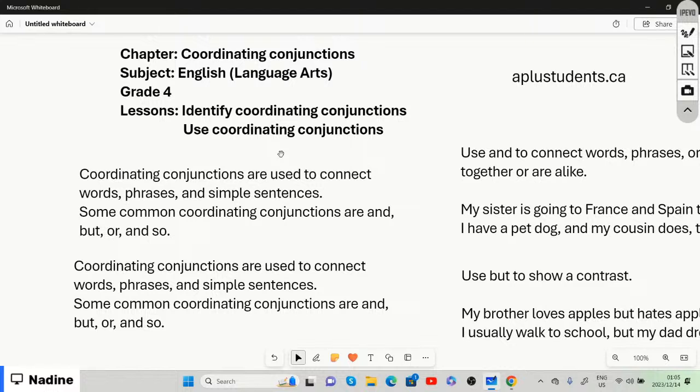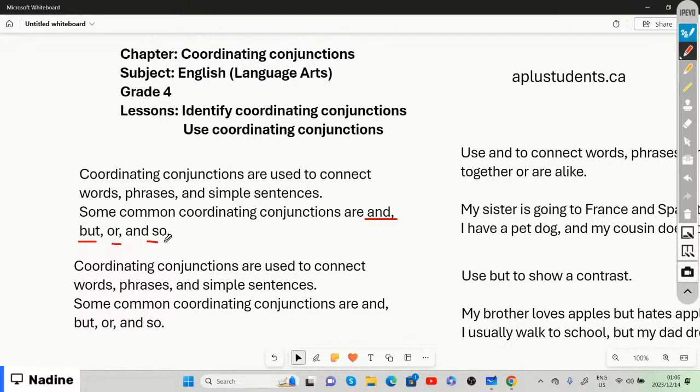And some common coordinating conjunctions are and, but, or, and so.